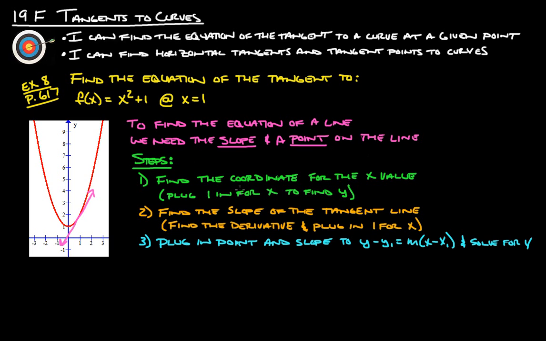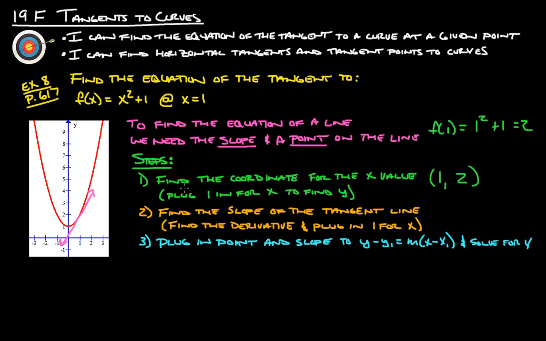Here's what we want to do. First we want to find the coordinate for the x value. We're going to plug 1 in for x so that we can find y. We already know that the x value is 1, and we want to find the y value, so we plug 1 into our equation. f of 1 is 1 squared plus 1, so that gives us 2.